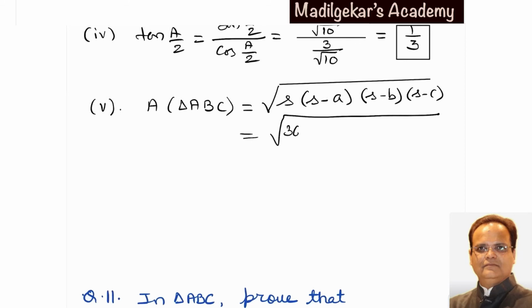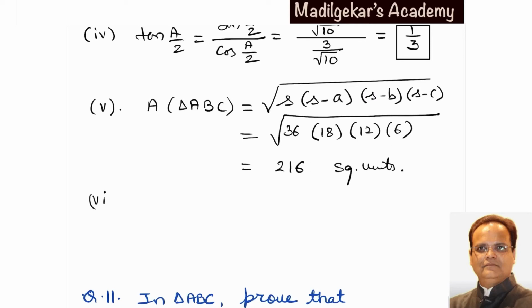So it is 36 into 36 minus 18, 36 minus 24 and 36 minus 30. So it is 216 square units.